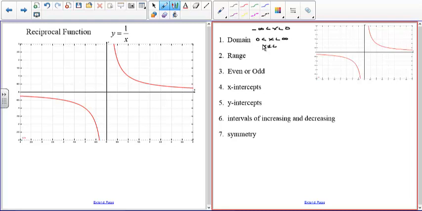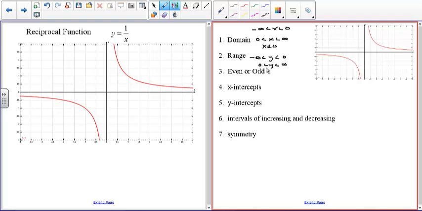X cannot equal 0 because if you let x equal 0, then the function is undefined. The range would be negative infinity to positive infinity. Again, it wouldn't include 0 because it never actually equals 0. It just approaches 0. So we'd say y is from negative infinity to 0 and from 0 to positive infinity.